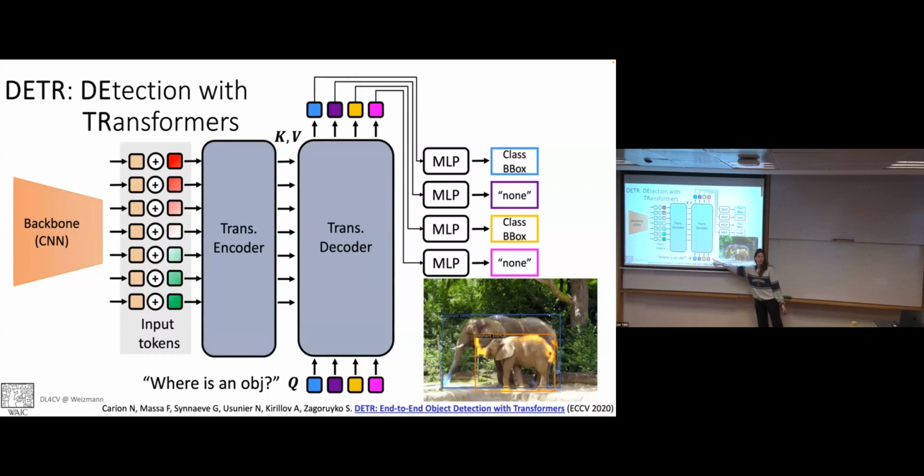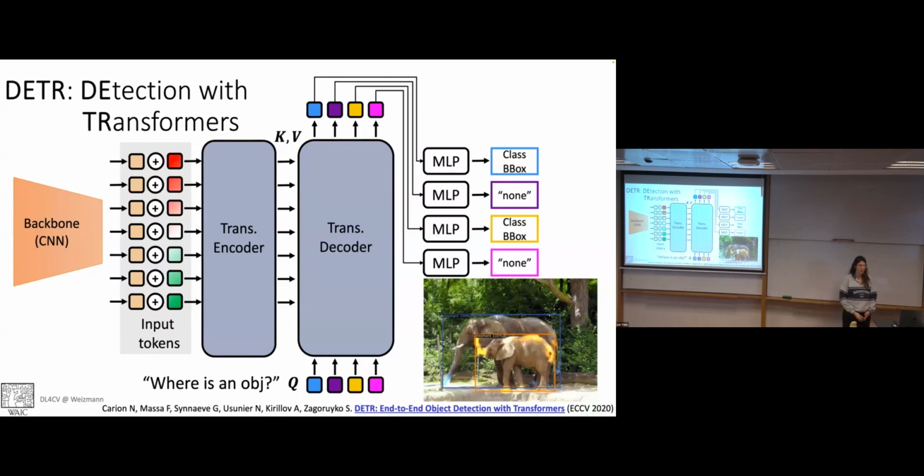Each one of them corresponds to a new bounding box. You cannot optimize for two simultaneously. You don't need that, you have 100 of them, right? So this one will predict one elephant, this one will predict the other elephant, this one will predict the cow, or whatever. If you want more objects to detect, maybe just enlarge your set of object queries.